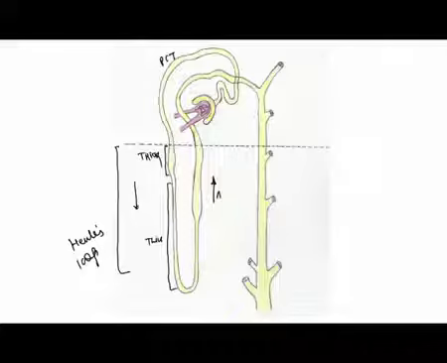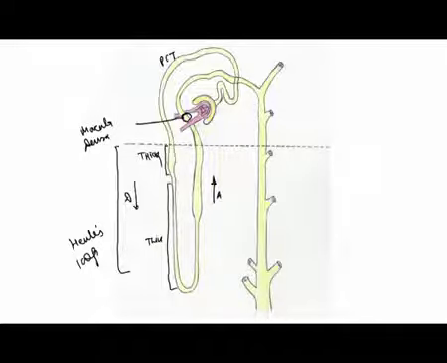Here this is the ascending limb and this is the descending limb of Henle's loop. And here is the macula densa, which is a modification of the distal convoluted tubule. So, this is the DCT, and this is the final area, which we call the collecting duct.